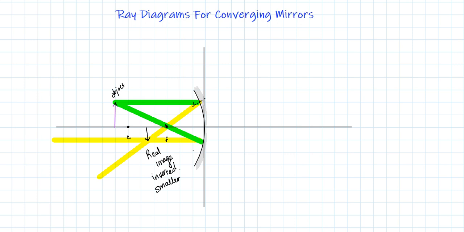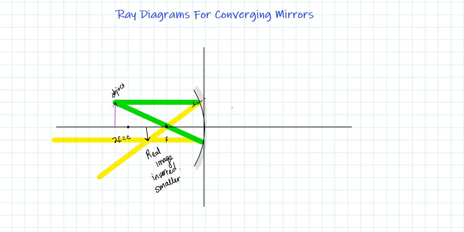And it turns out the same rules apply that we had with the converging lens, where if the object is placed outside of both the focal point and the center of curvature, remember for the lens that was the same thing as saying 2F, you'd form a real image between F and C that's smaller and inverted.